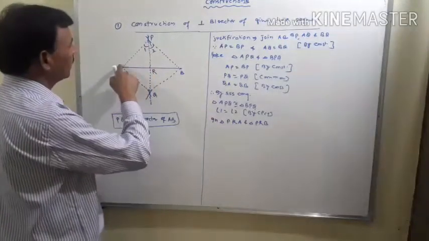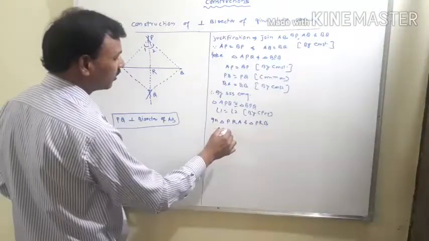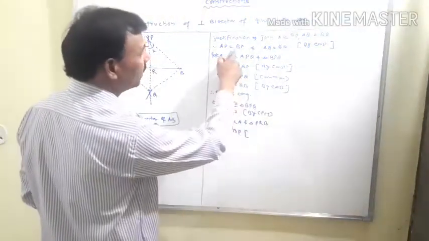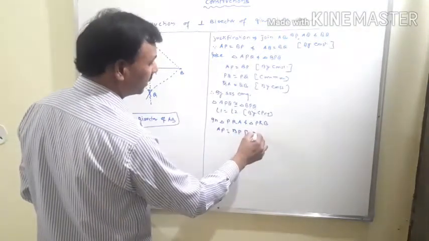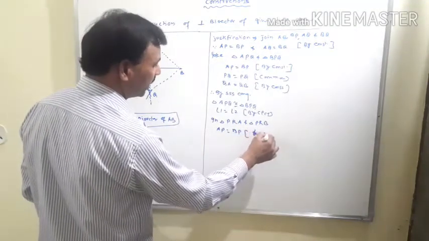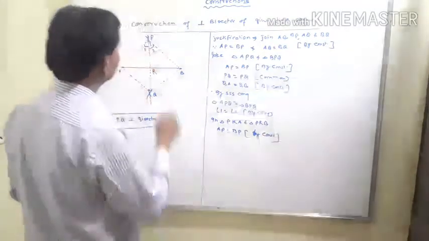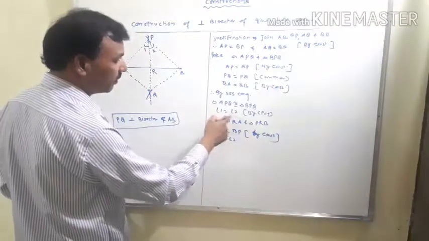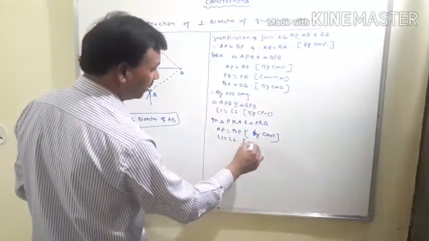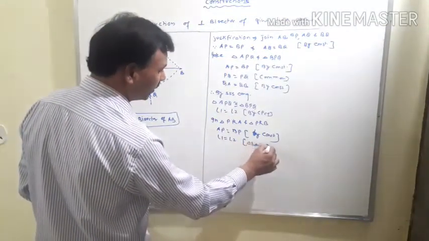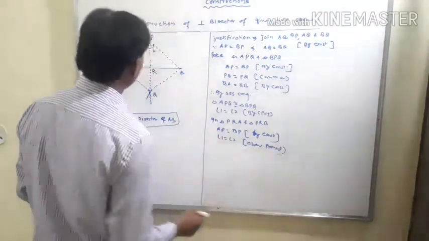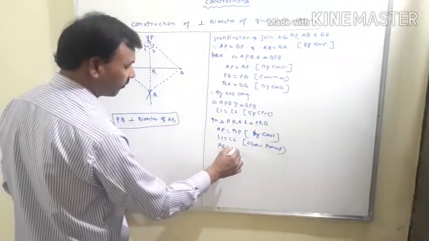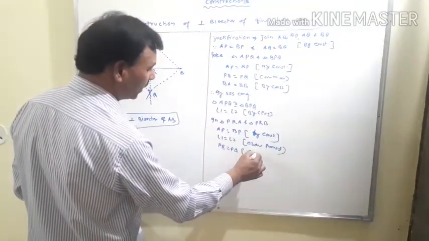In PRA, AP equals BP. The reason is that it is given by construction. Angle 1 equals angle 2, just proved above. And PR equals PR, the reason being common.